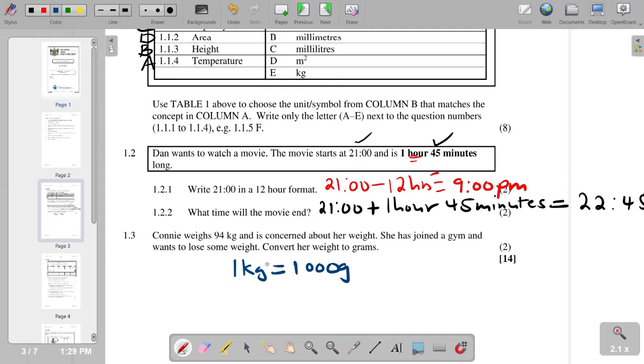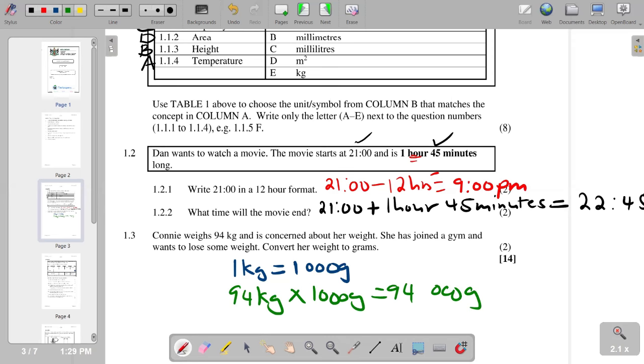So converting 94 kgs to grams, we're going to multiply 94 kgs times 1,000 grams, which is going to give you 94,000 grams. So that is going to be your answer on that one.